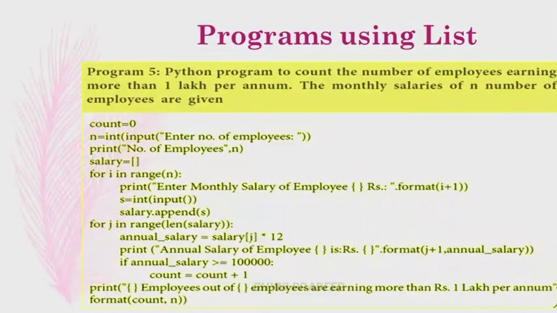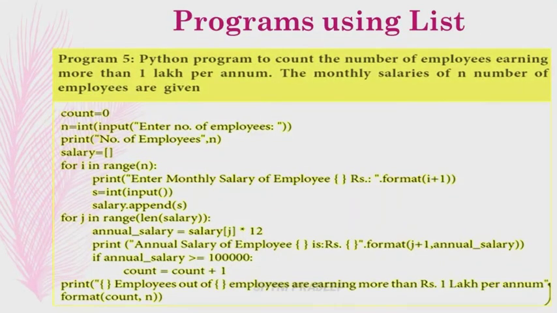See the next program. Program to count the number of employees earning more than 1 lakh per annum. The monthly salaries of n number of employees are given. So here you have to calculate how many employees are earning more than 1 lakh per annum. First, count is equal to 0.